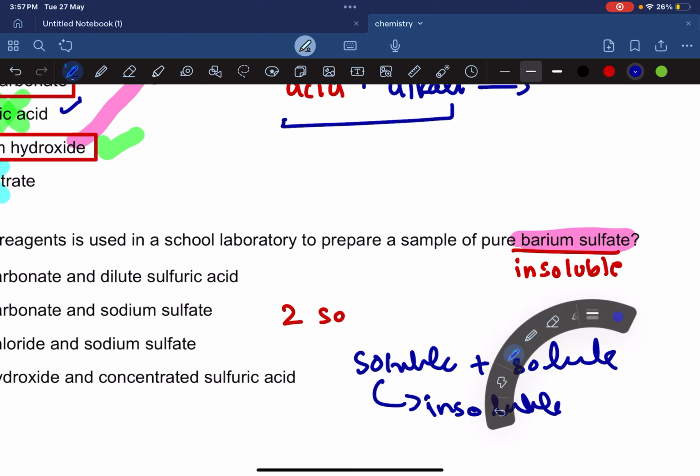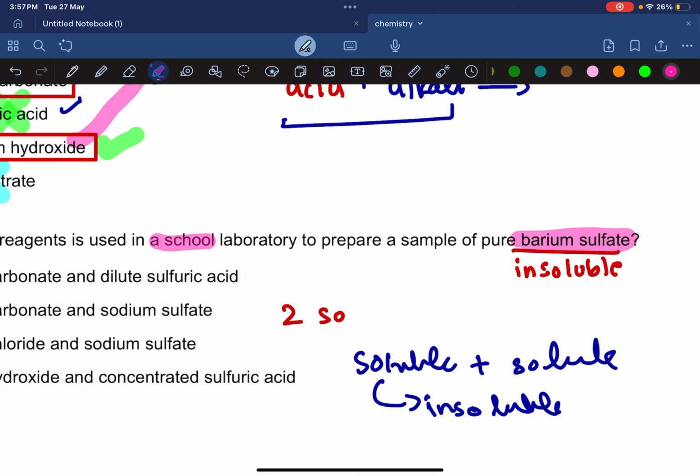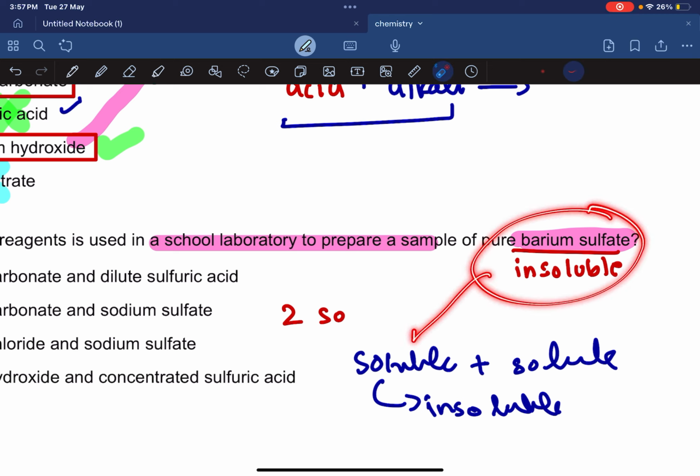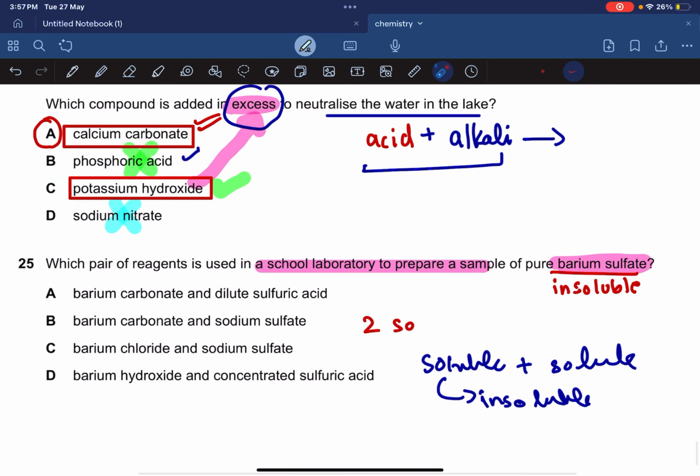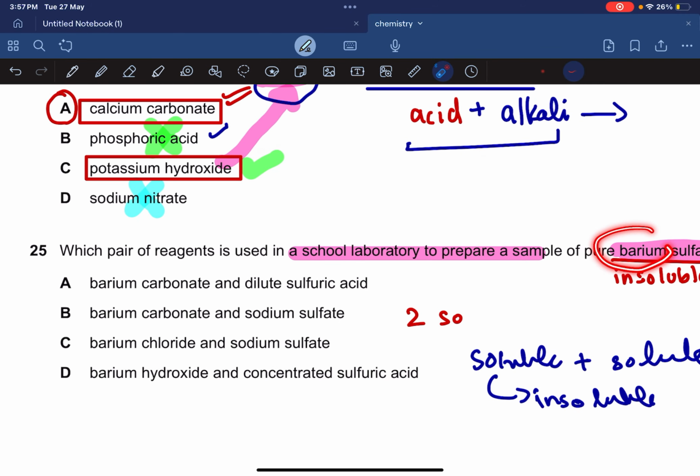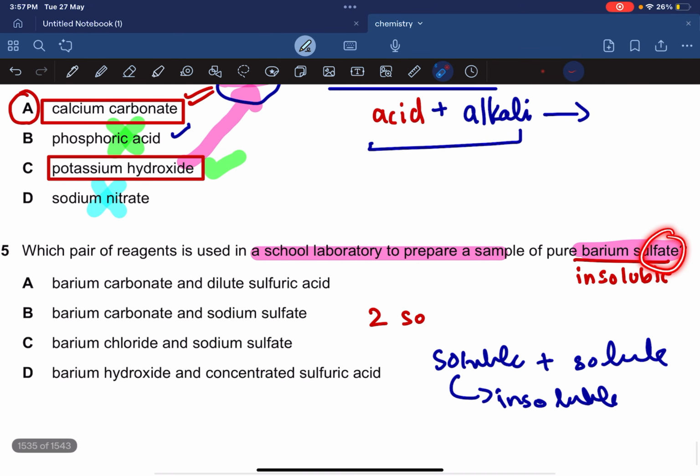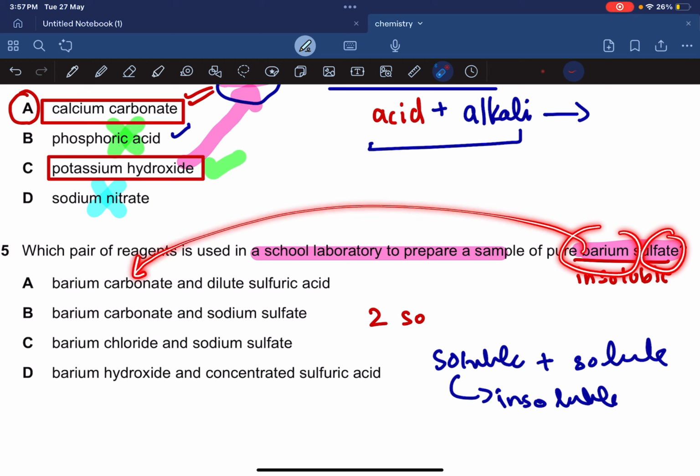Okay? Whenever you're preparing a salt, you need to look at the solubility rules. Insoluble, so that means we're going to use two soluble reagents. One reagent should have barium, one should have sulfate. For barium, can we use barium carbonate? No, barium carbonate is insoluble. We need soluble. Barium chloride, yeah, it's soluble.